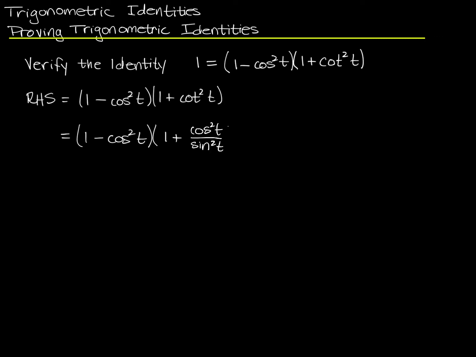I've done this a couple of times now, so off to the side here, I'm just going to do a really quick review. The reason that I can get away with just doing the squared thing there is that cotangent squared is really just cotangent of theta all squared.